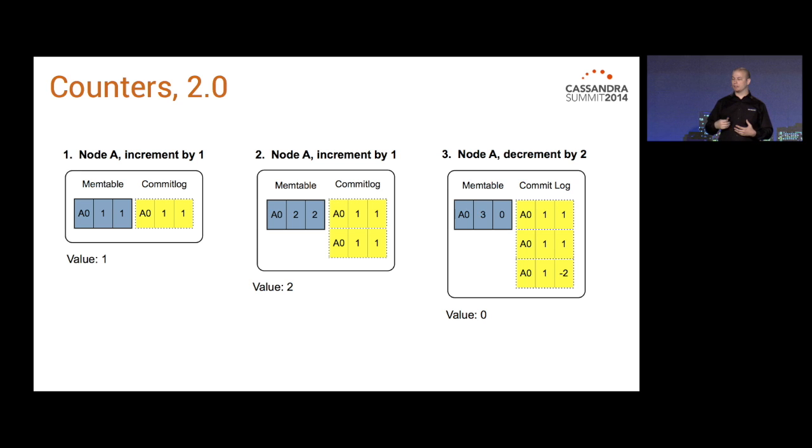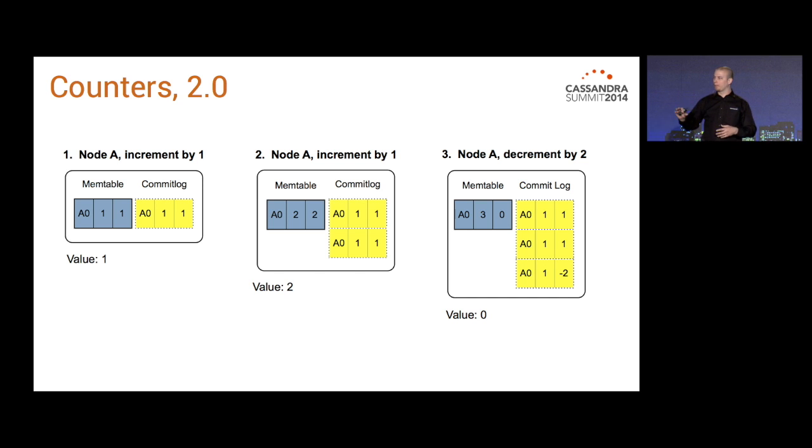My third increment is actually reducing the value by 2. So now I have a -2 in the commit log. My total counter value is 0. So again, this allows me for maximum insert performance, but it has some hairy implications for when things go wrong.